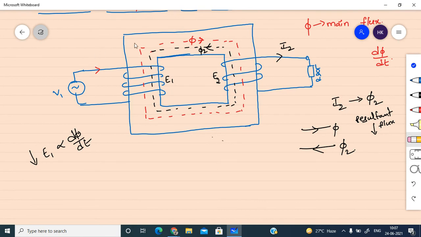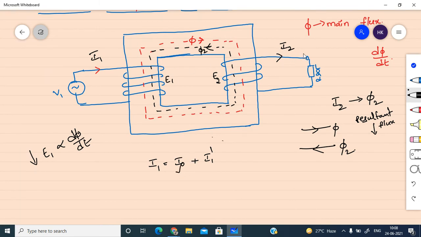This total current, assume it as I1, total primary current. That I1 is the sum of I0 plus I1 dash. I0 means, suppose if you didn't connect any load here, in that condition the transformer draws this current I0, no load primary current.